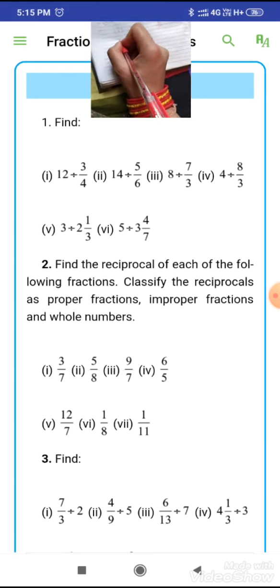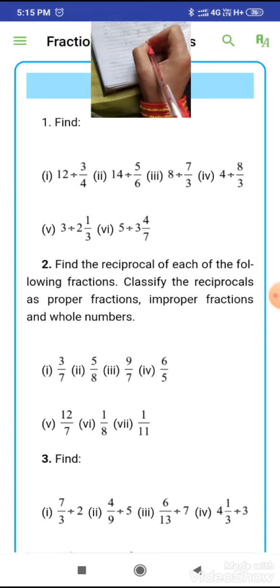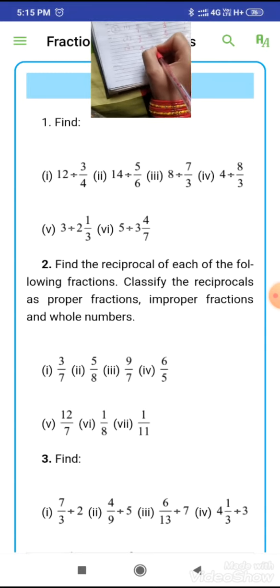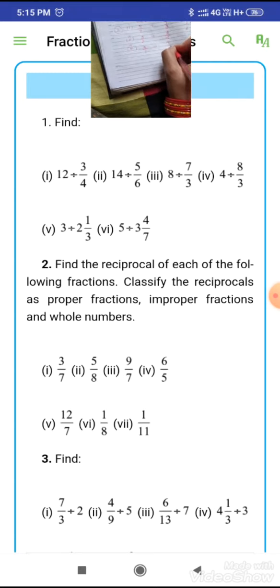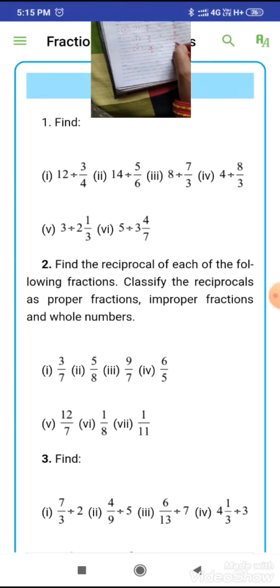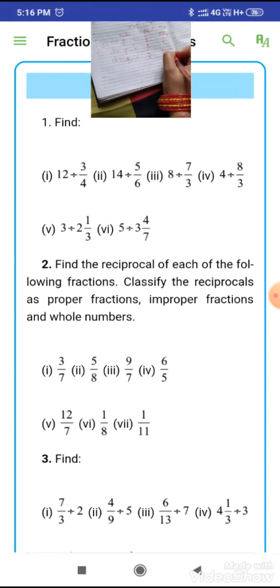In the third part, fraction is 9 by 7 and the reciprocal of 9 by 7 is 7 by 9. Here numerator is less than the denominator, so it is proper fraction.